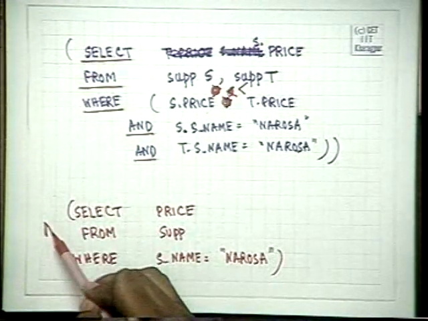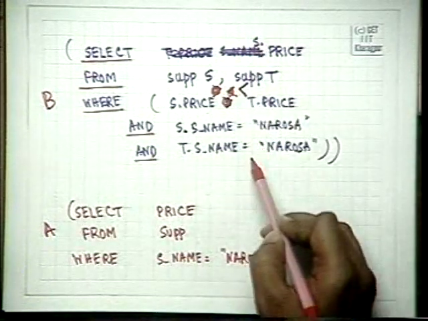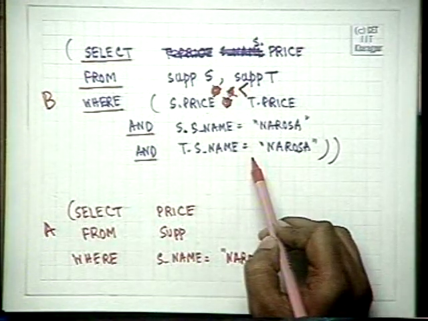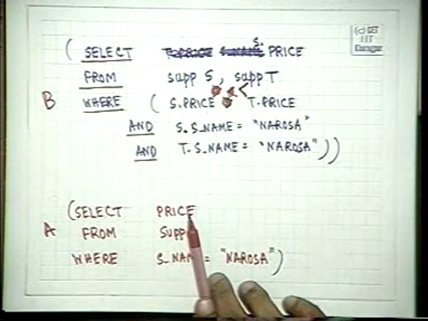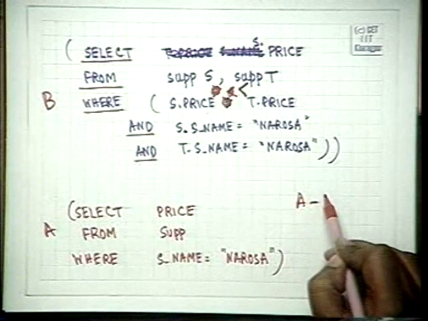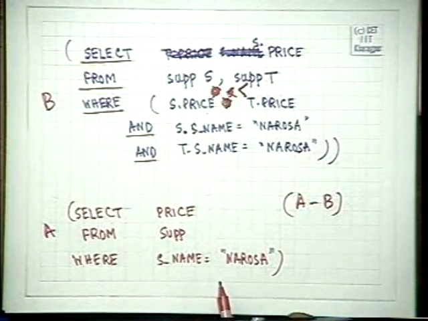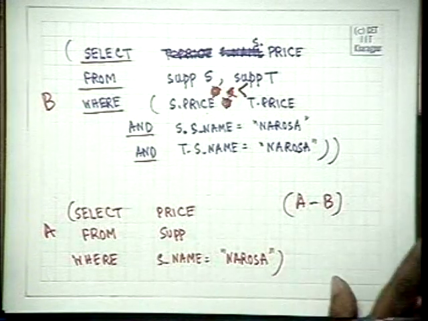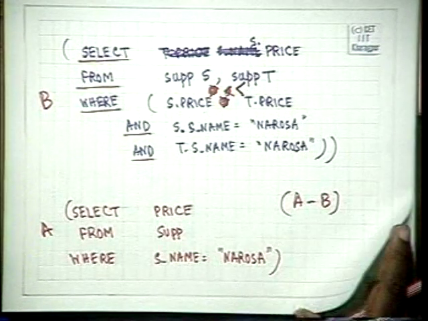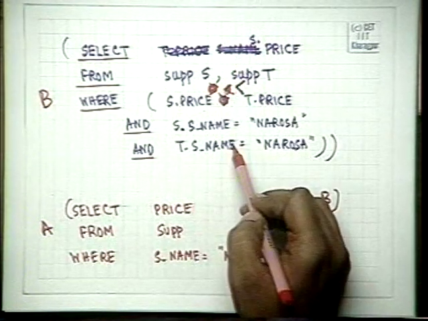If this is A and this is B and this is less than, then this will give you all prices except the largest price. So A minus B will give you the answer of the largest price. This is pure relational algebra style. Alright. So if you write down here greater than, you will get everything except the smallest.